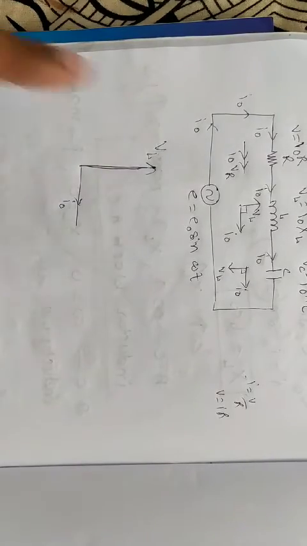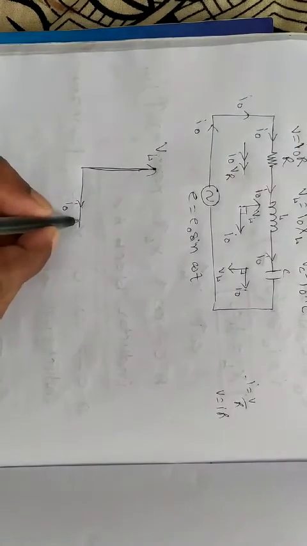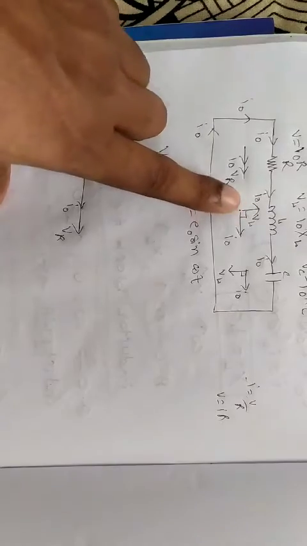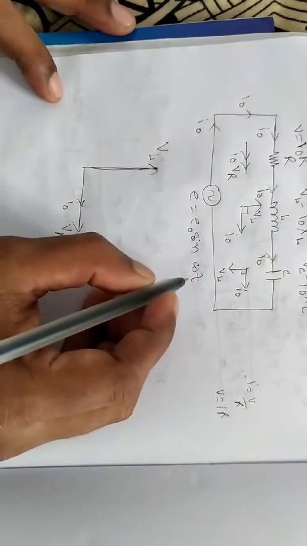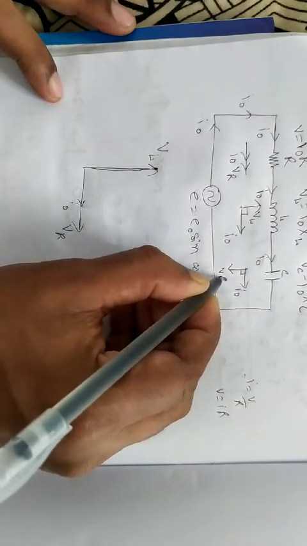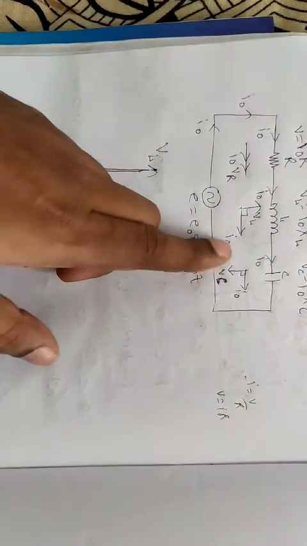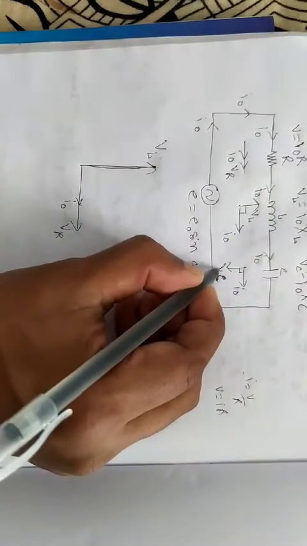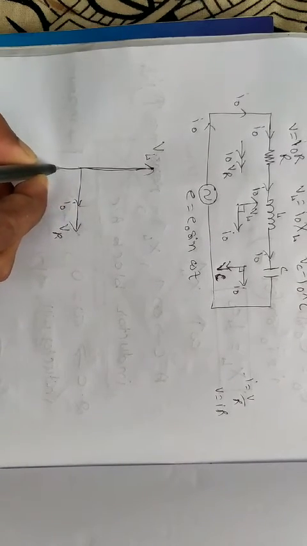Now in pure resistive, the direction of current and direction of voltage will be the same, so this will be the direction of voltage also. Let's say VR. VL direction is this. And this is VC, because in capacitive, the voltage will lag the current. So this is VC, the potential across C.